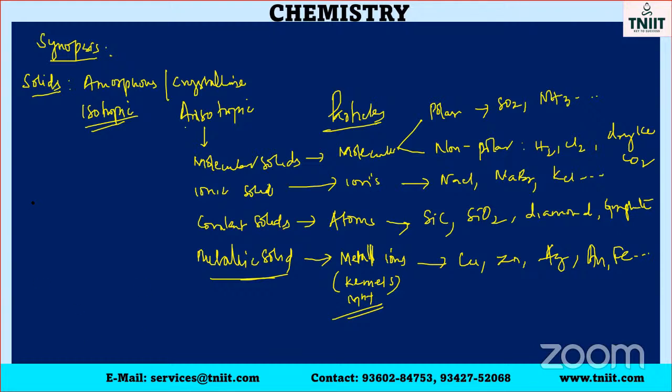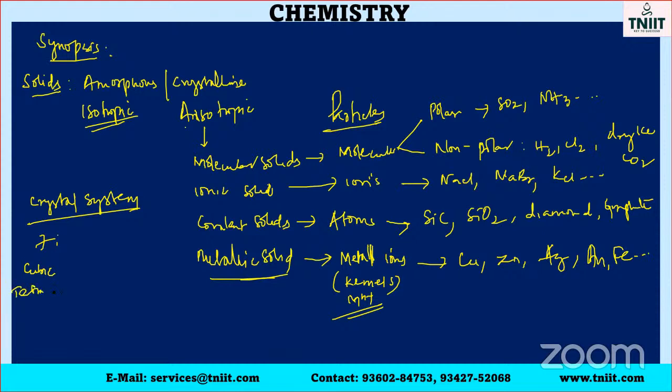Now, there are 7 types of crystal systems. This is very important. How many types of crystal systems? There are 7 types of crystal systems. Now, what are the 7 types of crystal systems? One is called cubic crystal system.